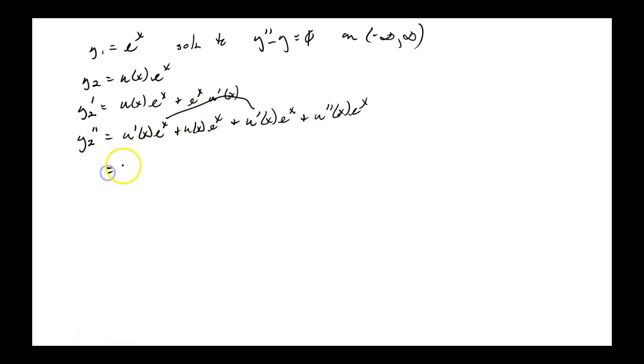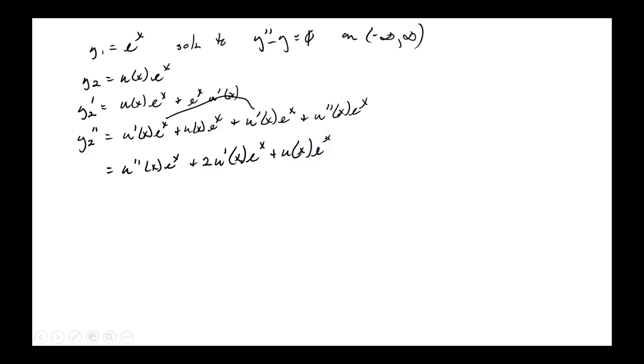So I'm going to write it this way: u double prime of x e to the x plus 2u prime of x e to the x plus u of x e to the x.